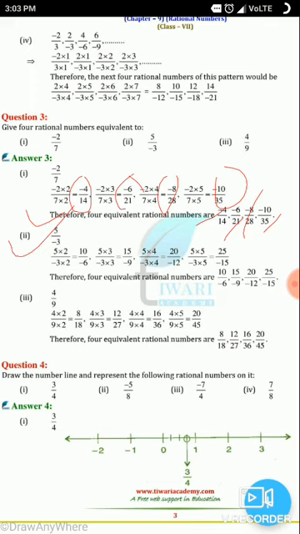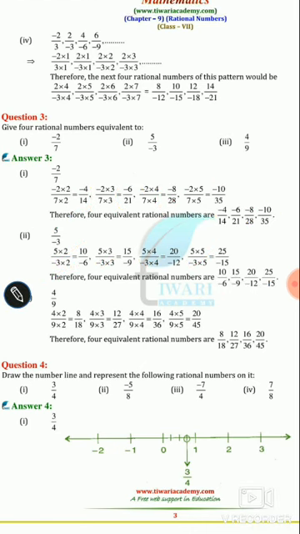Same way, here we multiply the given number with 2, then 3, then 4, and then 5, in numerator as well as denominator. Then we will get the answer: 10 upon minus 6, 15 upon minus 9, 20 upon minus 12, and 25 upon minus 15.